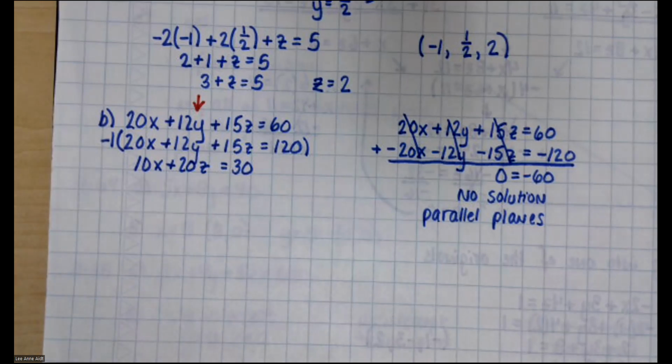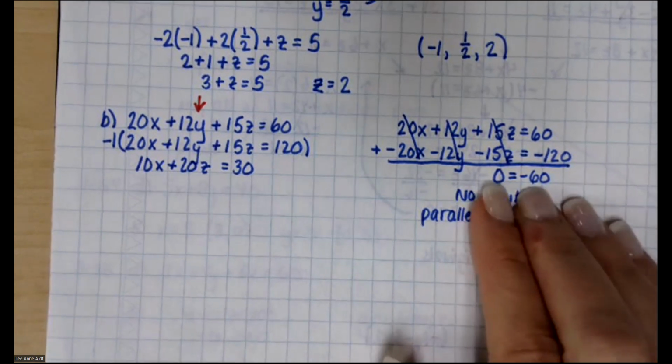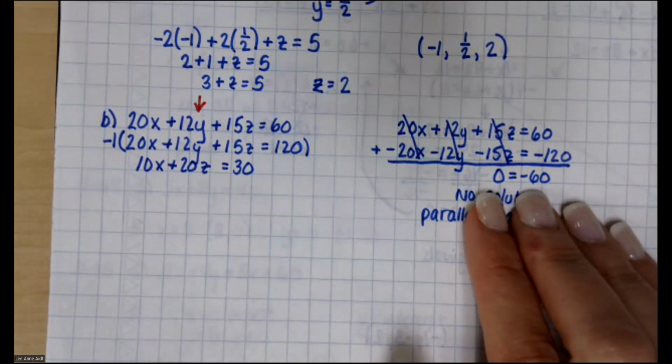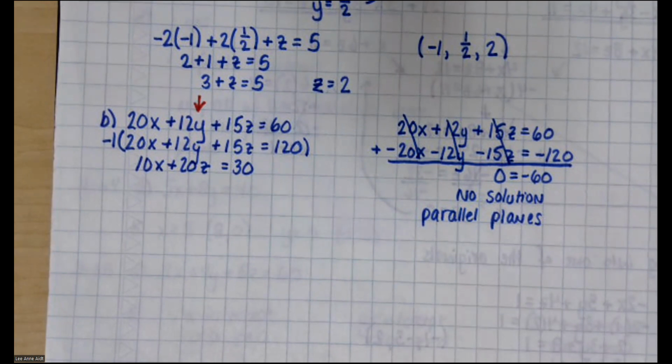Remember that it's possible to get infinite solutions. Also, what would the math look like here if it was infinite solutions? Yeah, either -60 equals -60 or 0 equals 0. And then you would have infinite solutions with the same plane, the same exact plane.